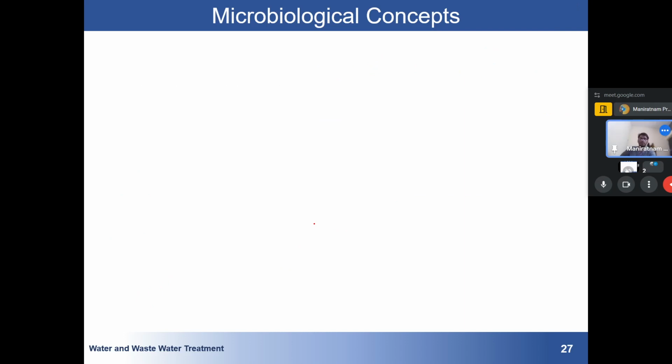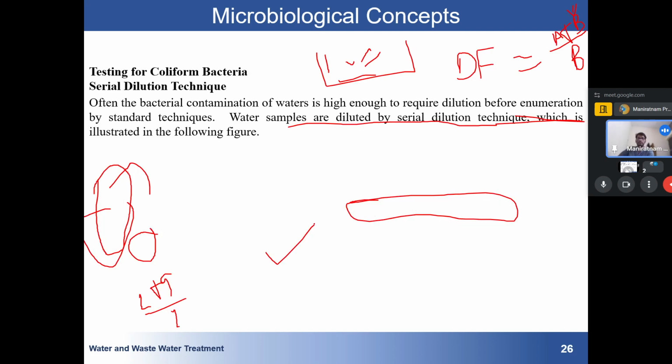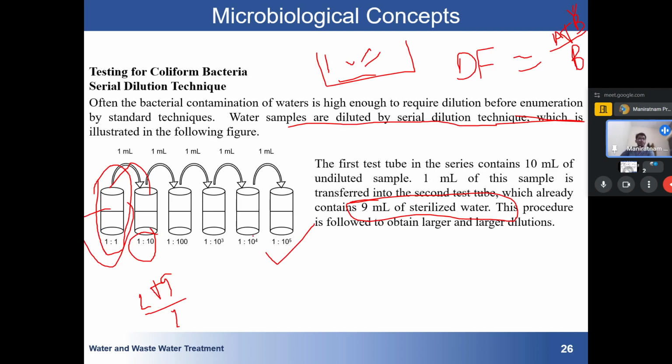Now there is the MPN theory. You have different kinds of sets: one set is the pure sample, and then the number of bacteria has decreased by a 10 to the power 5 ratio.